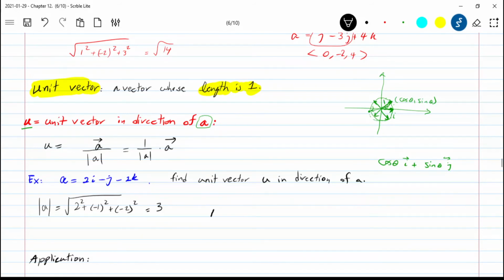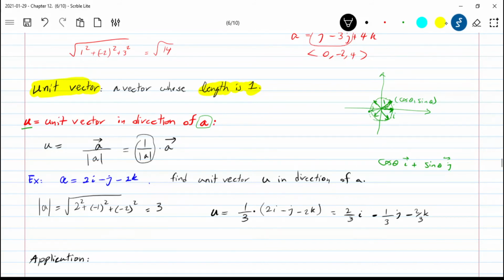So what would be the unit vector? The unit vector would be 1 over 3, 1 divided by the magnitude of A, multiplied by the vector A, which is 2i minus j minus 2k. Let me use parentheses. So 1/3 times that would be 2/3 i minus 1/3 j minus 2/3 k.